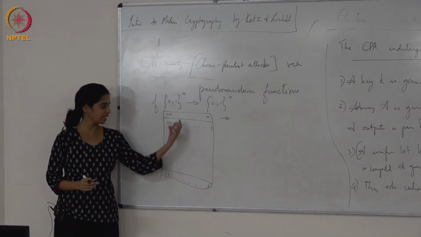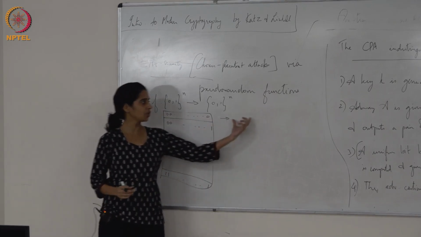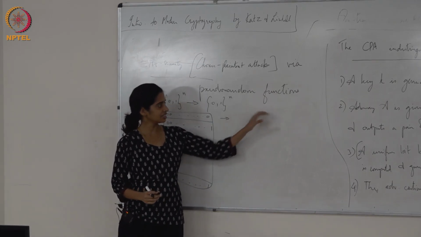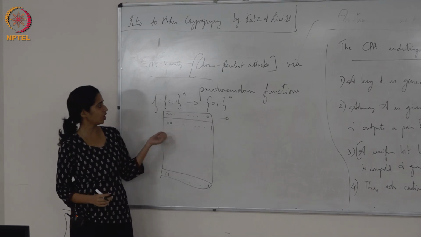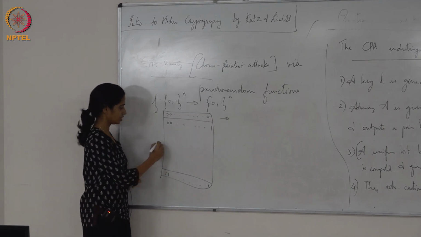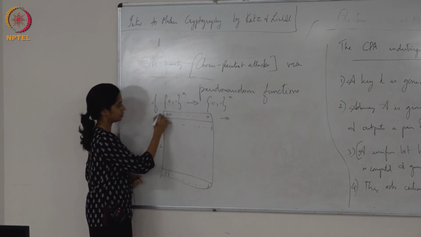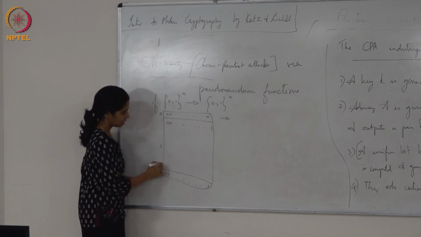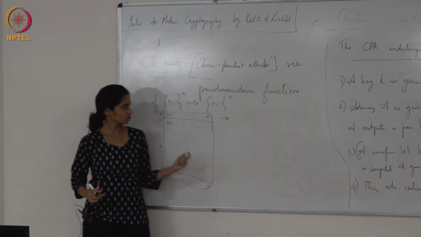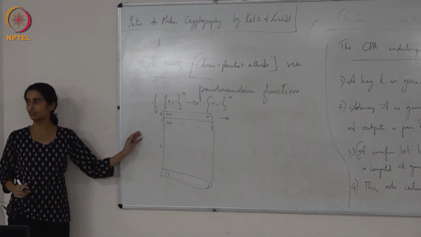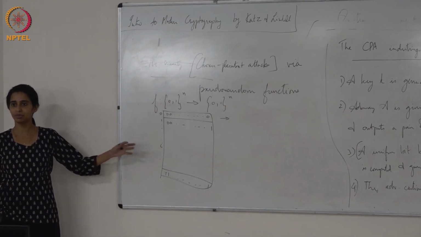So there are now 2 to the n entries in this table, and corresponding to each entry is some n-bit value that will determine what f of i is, for i from 0, 1, etc. So you can visualize a function as this lookup table, and then it is well defined.